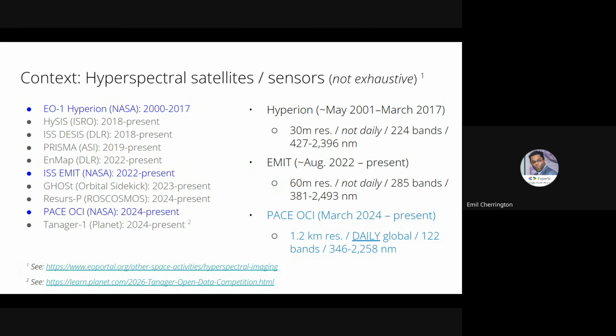There have been a number of hyperspectral missions since, but in terms of open missions, for which there's data openly available, those are mainly limited to NASA, from the EMIT mission, which was launched in 2022, and PACE, which was launched in early 2024, and which I'll be speaking on in detail. However, I'd also like to call to everybody's attention that the company Planet recently launched an open data competition for its Tanager-1 satellite data, and you can find a link to that below.